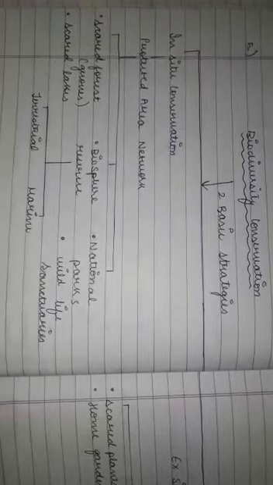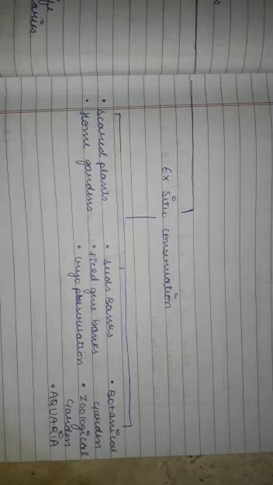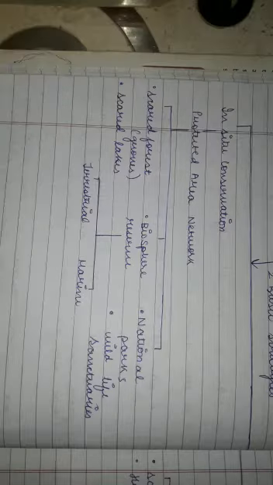There are two basic strategies of biodiversity conservation, that is, in situ conservation and ex situ conservation. Ex situ conservation involves sacred plants, home gardens, seed banks, field gene banks, cryopreservation, botanical gardens, zoological gardens, and aquaria.